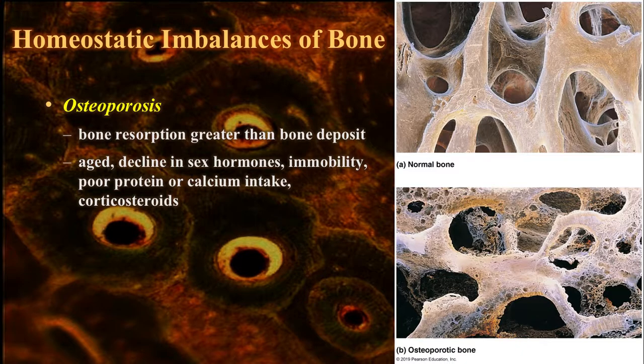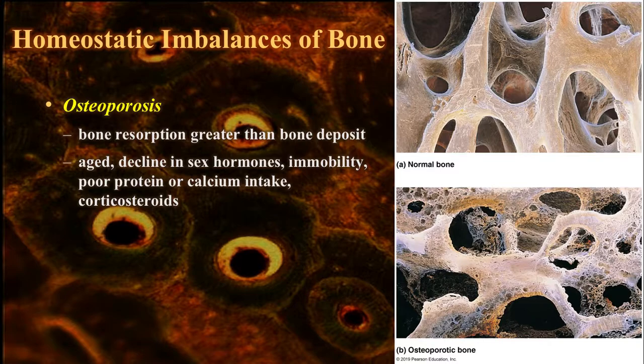Next, osteoporosis. This was another one that was on your quiz. In osteoporosis, the bone reabsorption, so those osteoclasts are working faster than the osteoblasts. So we're breaking down bone faster than it's being rebuilt. So things that cause this, age, so as you get older, this is more likely to happen.